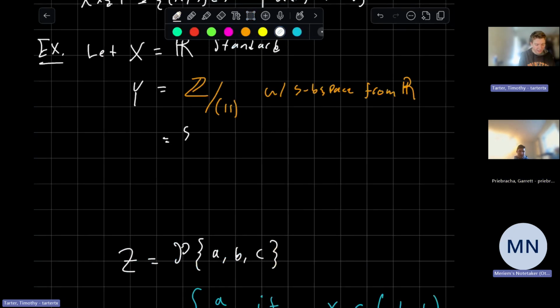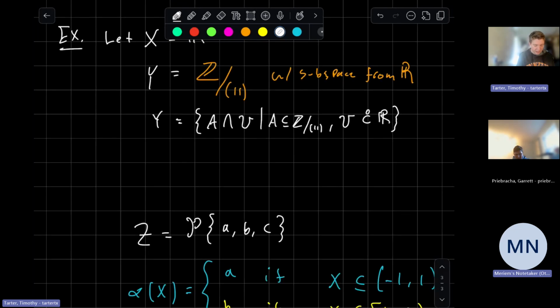So open sets in Y are, my iPad is losing power, sets where basically it's subsets of the power set of Z mod 11 intersected with open sets from R. So basically what this looks like are, I guess, A intersect U such that A is a subset of Z mod 11 and U is open in R. So notably, what does this leave us with? This leaves us with the power set of Z mod 11.